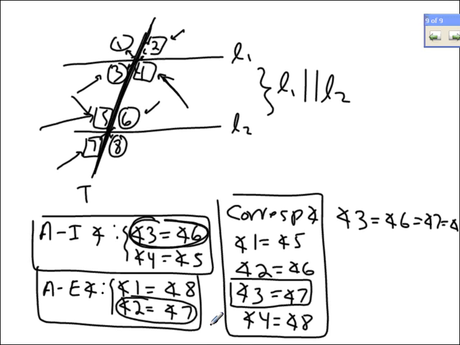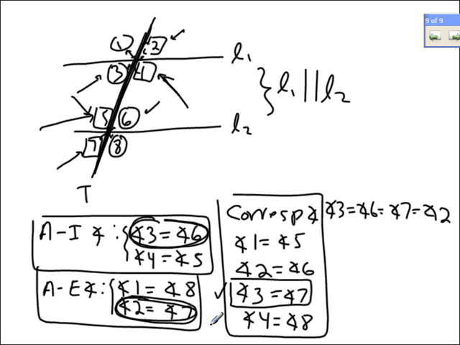These 4 angles are equal to one another, because I know that 3 and 7 are equal. So let's write it so you can see this. Angle 3 is equal to angle 6, but angle 3 also equals angle 7, and 7 equals 2. Okay, those 4 angles are equal.